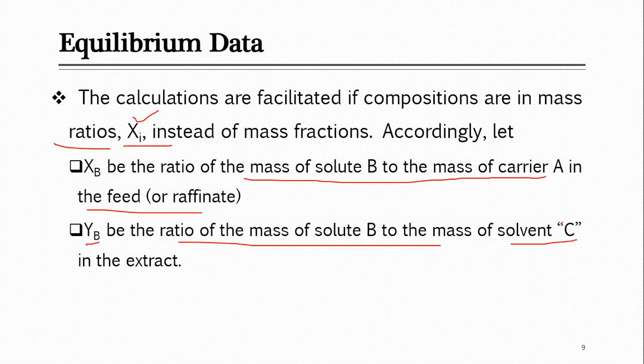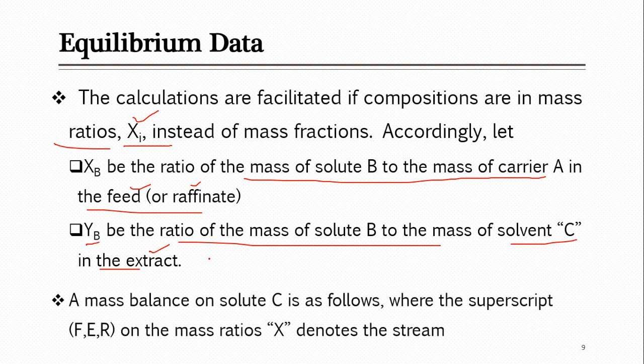So the mass of the solute B in the extract phase. Here he just mentioned extract, but for feed and raffinate we can write it for both at the start and at the end of the system, because B was part of both. Like here on the extract side we have it only as part of the extract phase, we don't have it at the start.